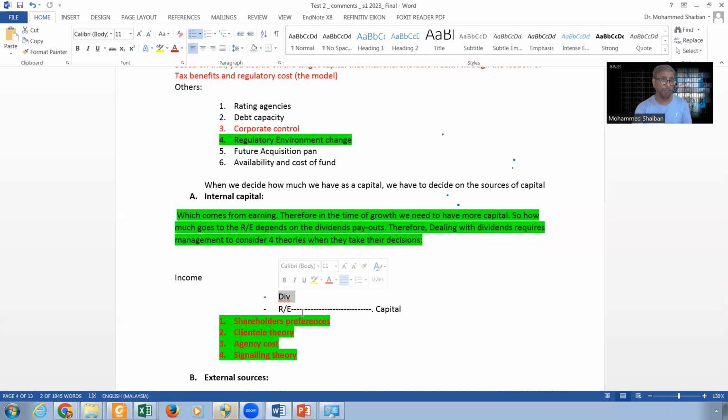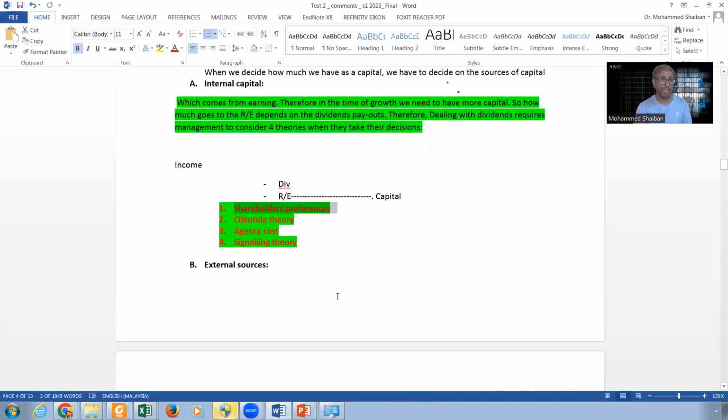Therefore, there are 4 theories, which are explained very well in the slides, and I touched on them a little bit in the tutorials. You have to understand those 4 theories, which one calls for more dividends, which one calls for less dividends, and which one is indifferent. Shareholder preference is indifference, and you have to read about this.